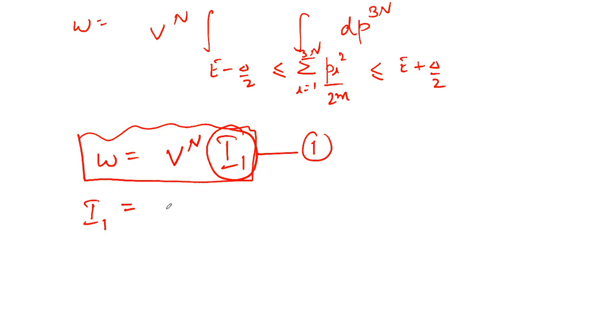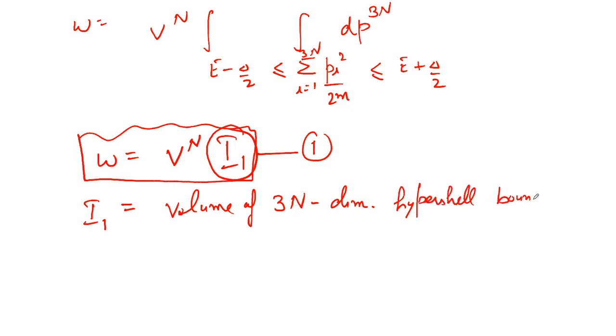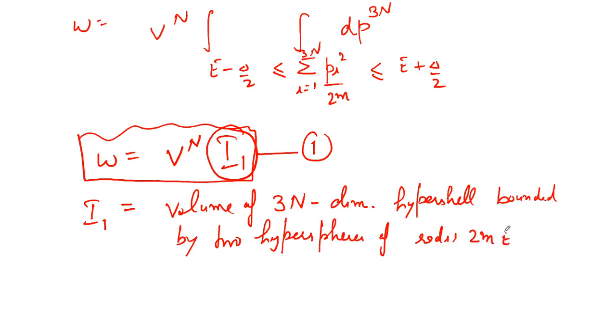So we will solve it separately. I1 is equal to the volume of the 3N dimensional hypershell bounded by two hyperspheres of radii square root of 2m(E minus delta by 2) and square root of 2m(E plus delta by 2).